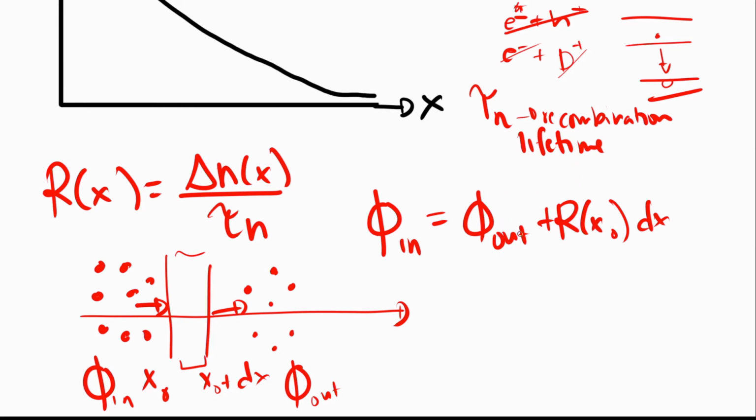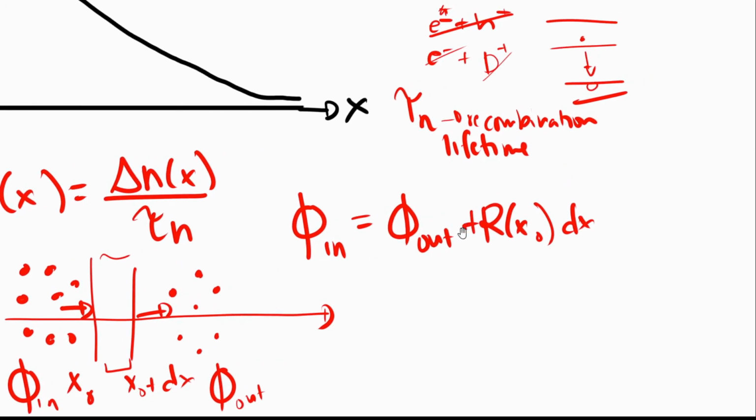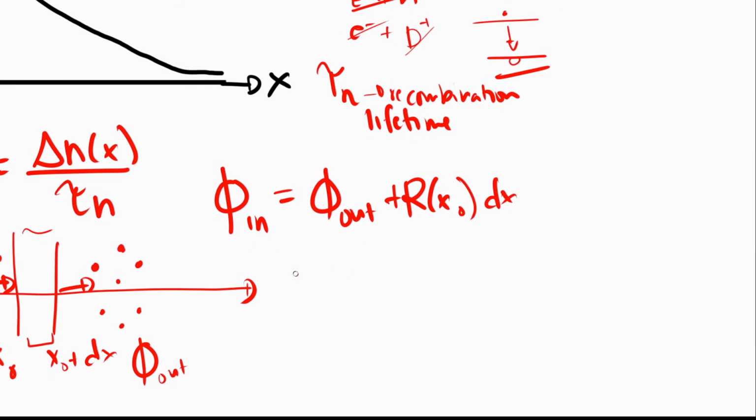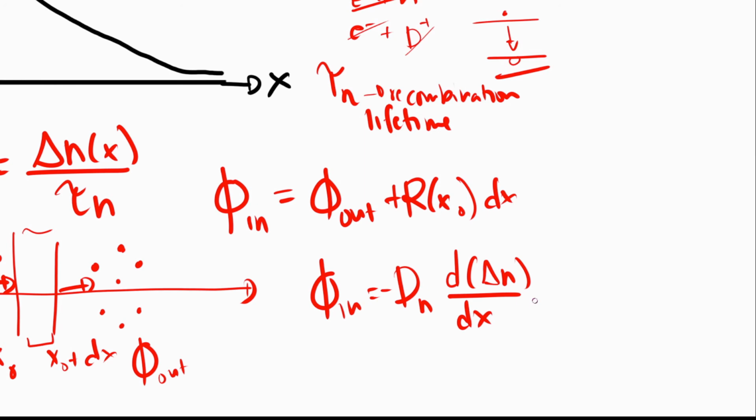Since we have expressions for flux in and flux out: for flux in, this is just the diffusivity, negative Dn, d delta n over dx at x equal to x naught.